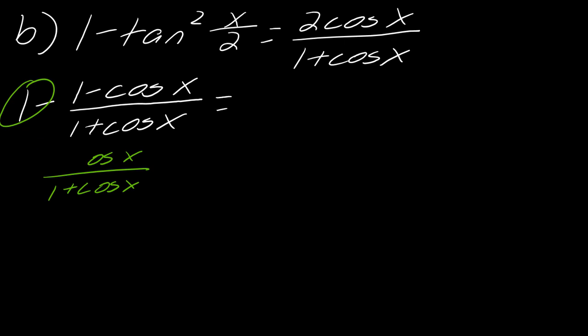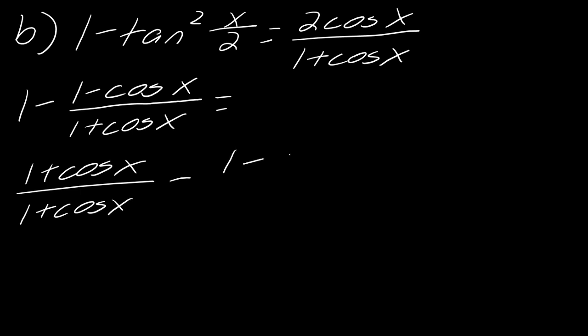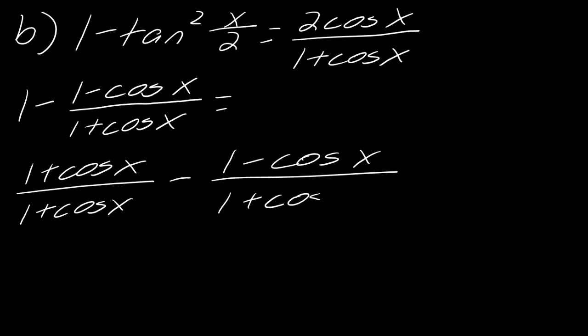So let's see. Let me erase all of this so you know my game plan. So this becomes 1 plus cosine of x over 1 plus cosine of x minus 1 minus cosine of x over 1 plus cosine of x. Okay, just be careful when you do this. You need to put parentheses around this.